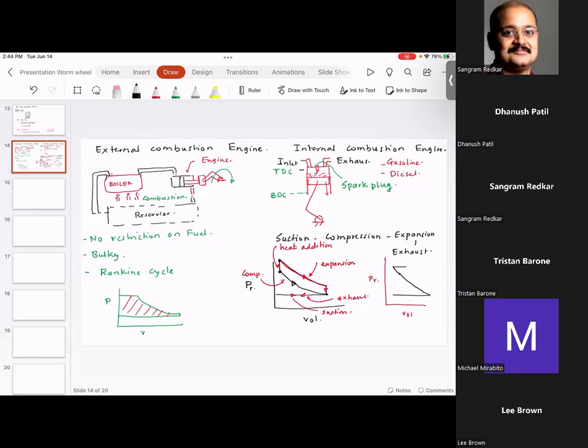So this is where you have the heat addition, and then you have expansion, and then you have exhaust. So this is how the diesel cycle looks. This is called the gasoline cycle, or also called the Otto cycle. This is called the diesel cycle.